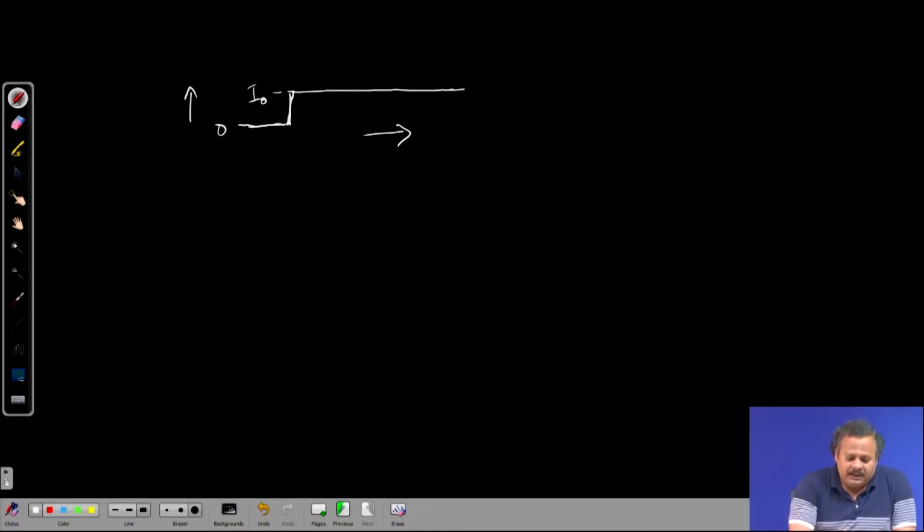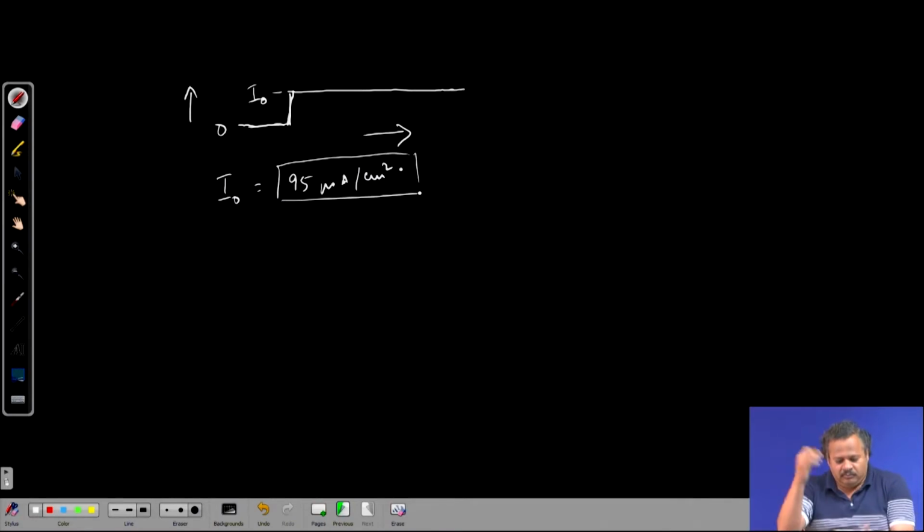In this particular case, I naught is approximately 95 microamp per centimeter square. I must say that these numerical values are not pulled out of thin air. They are based on simulations which you will be provided to study.